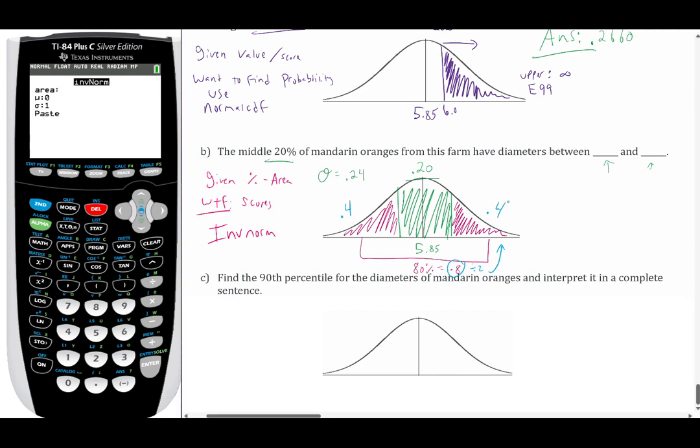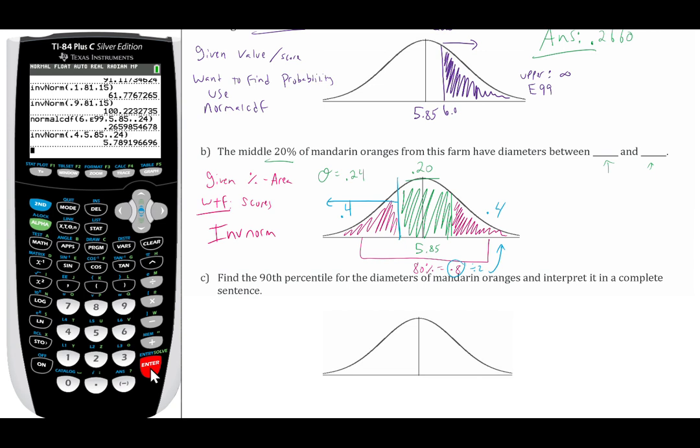All right, so in my calculator, again, I can only use the area to the left, as Queen Beyonce always sings about, the area to the left. So we're going to put 0.4 as the area, the mean of 5.85, and the standard deviation of 0.24. Again, that all came from the word problem. Press enter, and we'll find the lower value of 5.789.